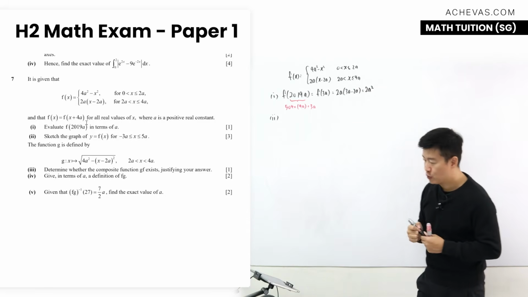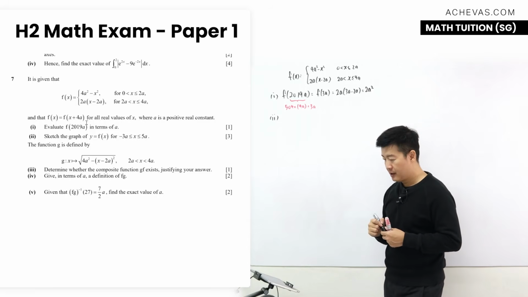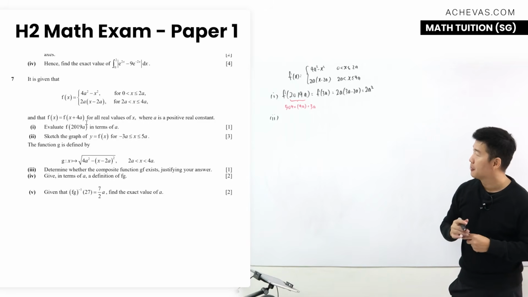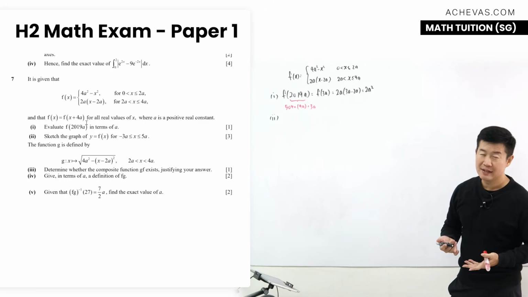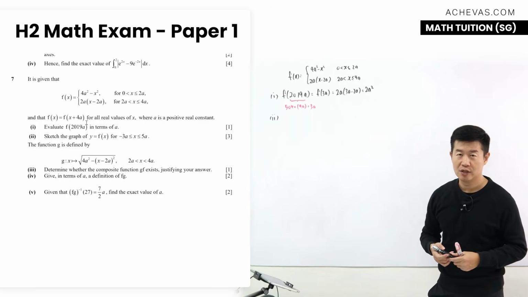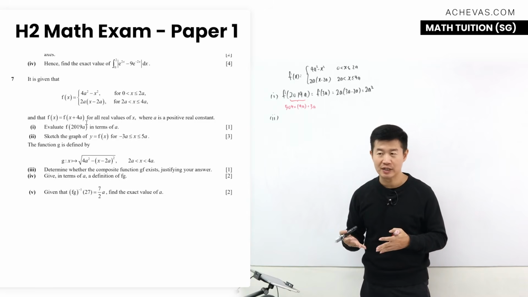Part 2. We are going to try to sketch the graph from minus 3a all the way until 5a. Let's do a quick practice. How about we try to sketch this graph without using the GC at all? Because I really think being able to sketch a graph without the GC is a big advantage.